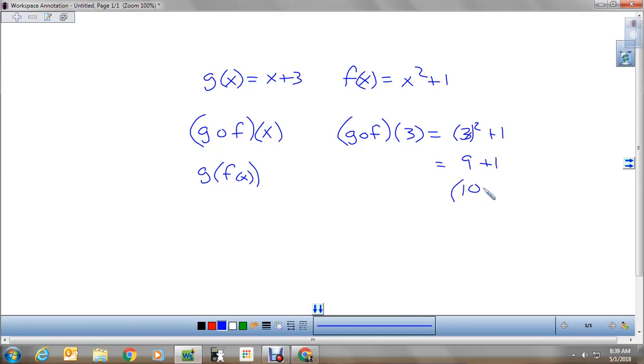Now we take that and do the g function with it. So g of 10 is going to be 10 plus 3, which is 13. So g of f of 3 is equal to 13. We always start with the one that comes second. We do that operation first, and then we evaluate the g function after that.